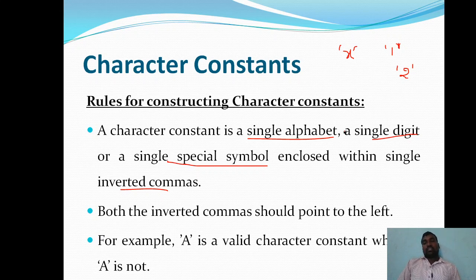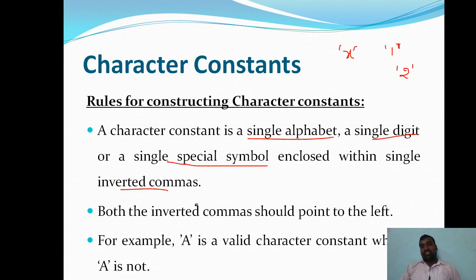So a character constant is a single character. It may be a digit, an alphabet, or a special symbol. It may be anything that is available in the character set, but it must be surrounded by single quotes. Then we can call it a character constant.